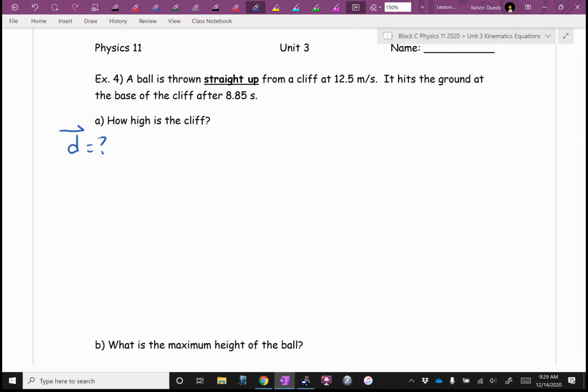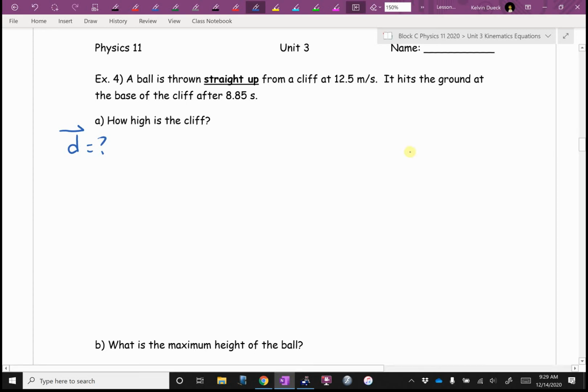What's that 12.5? What are the units next to that 12.5? So it's a velocity. VF or VI? I think that's VI. We're starting out. Okay?